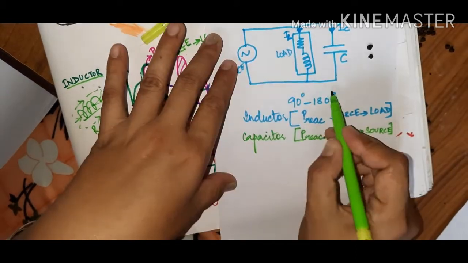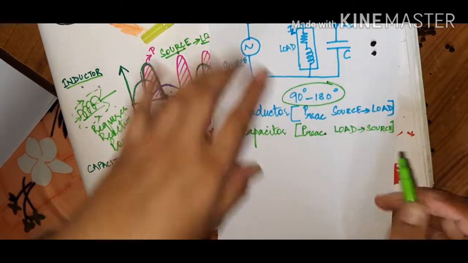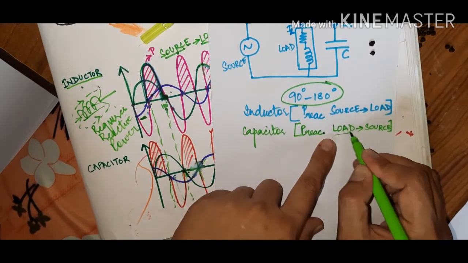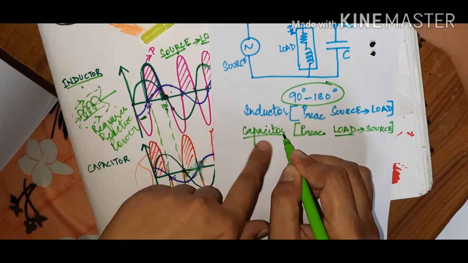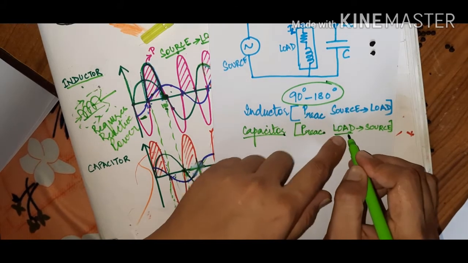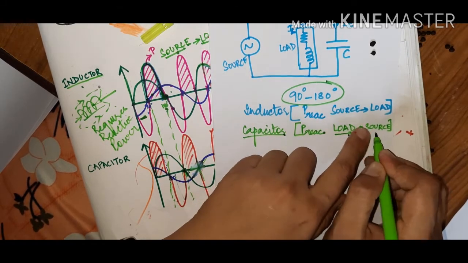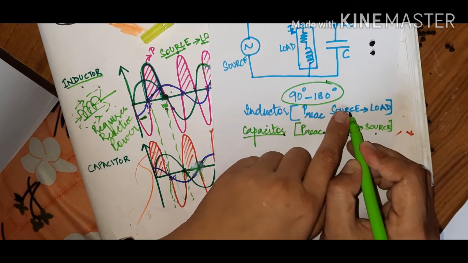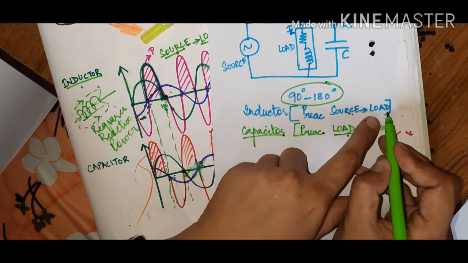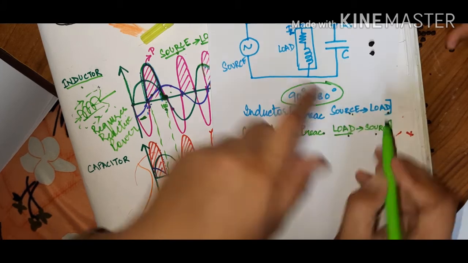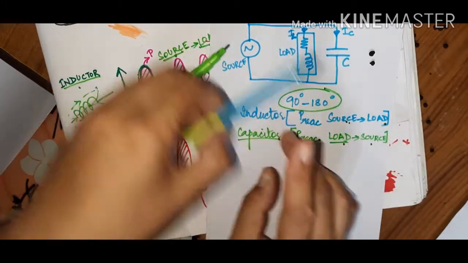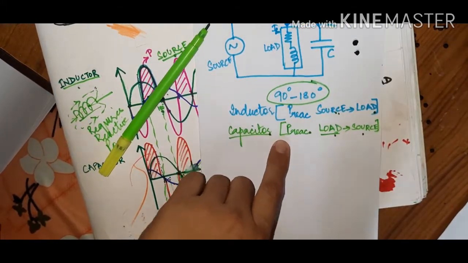Understood? And this is the time when the load, which is the capacitor, can supply reactive power to the source, and the source wants to supply this reactive power to the load. So as you can see here, a cycle starts. How does the cycle start?